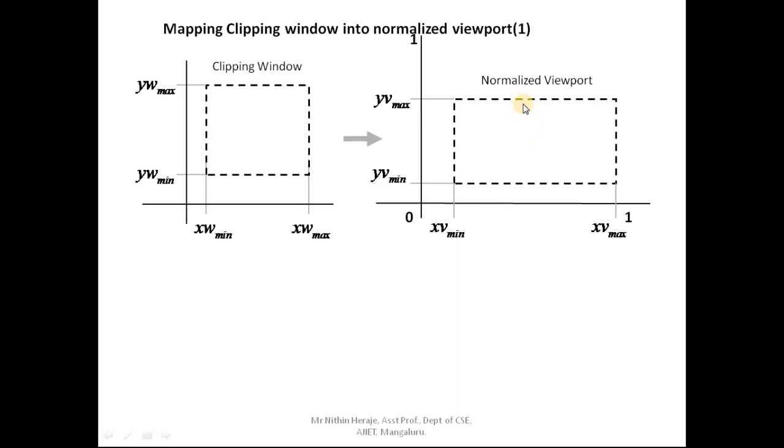The normalized viewport basically ranges from 0 to 1, or you can also have it from -1 to +1. Here we have taken it from 0 to 1 in the normalized viewport. Since it is a normalized viewport, we will take it from 0 to 1. Whatever you can see here, the same thing is transformed to this window.